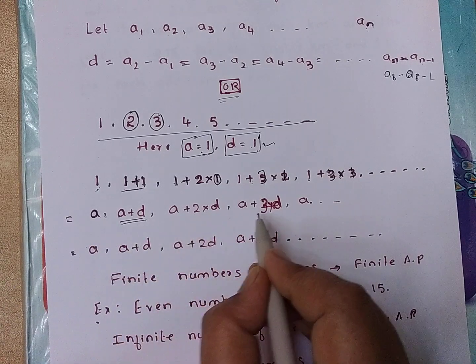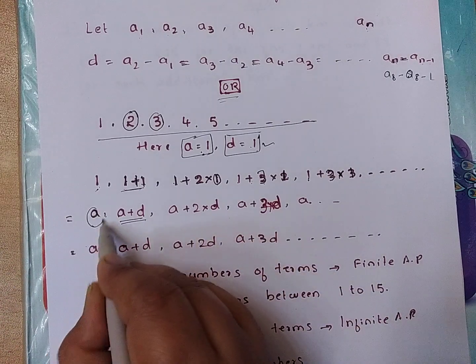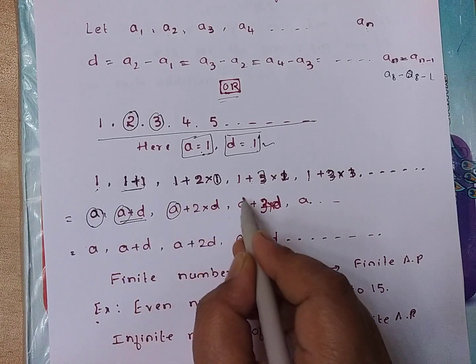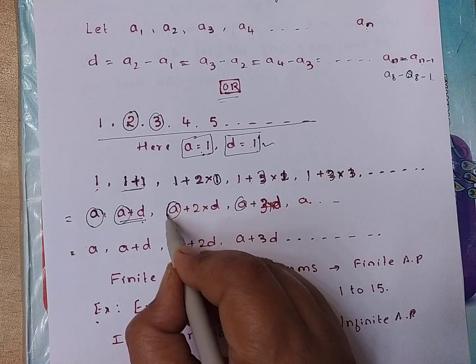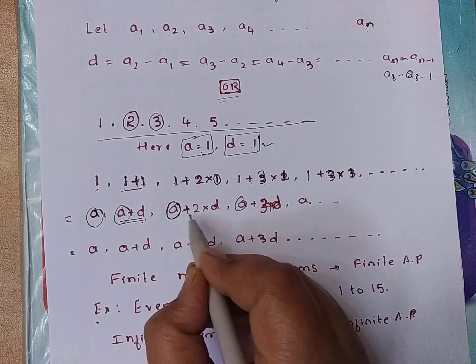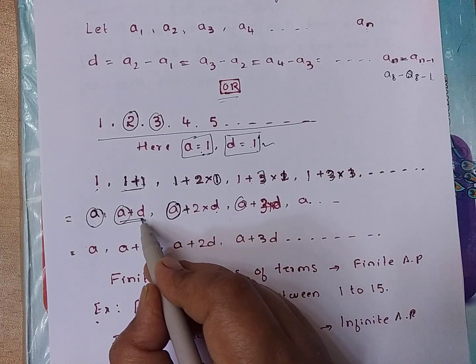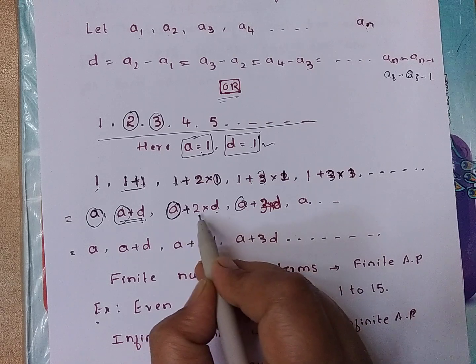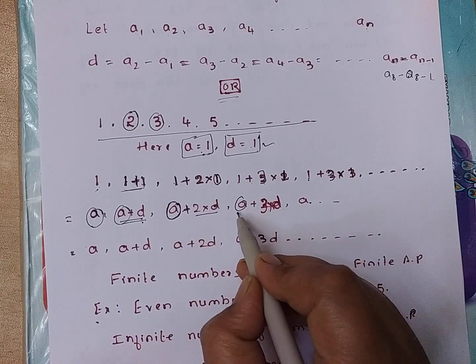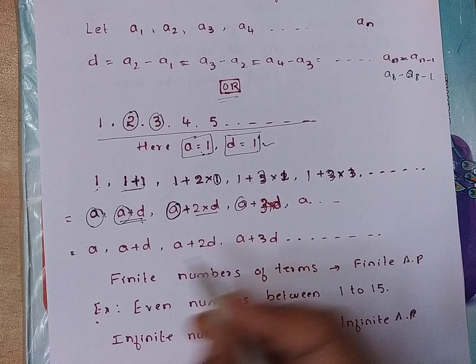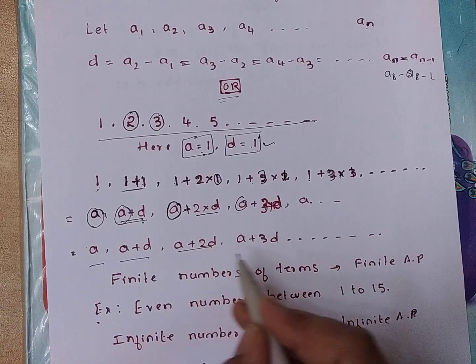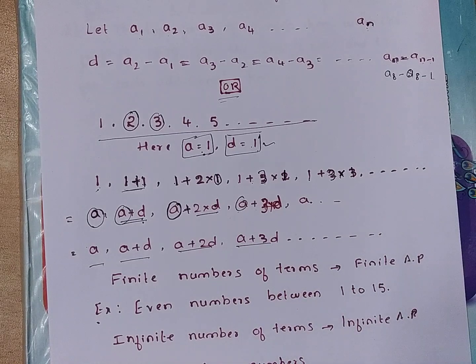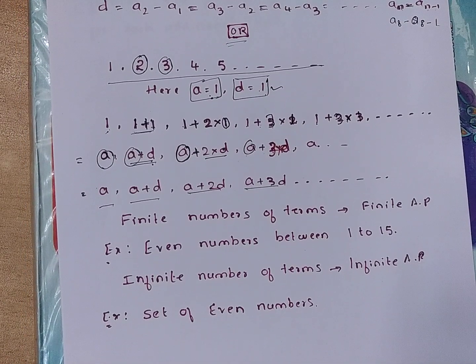For writing the general terms, first we write A as it is, then A plus D. Again for the third term we write A plus 2D. Here we added D, here we add 2D, and here A plus 3D. So the general terms become A, A plus D, A plus 2D, A plus 3D. Like this the arithmetic progression goes on.